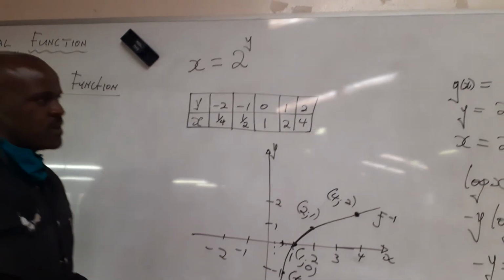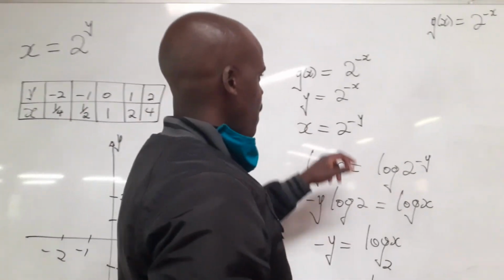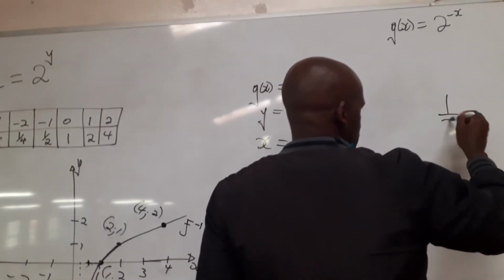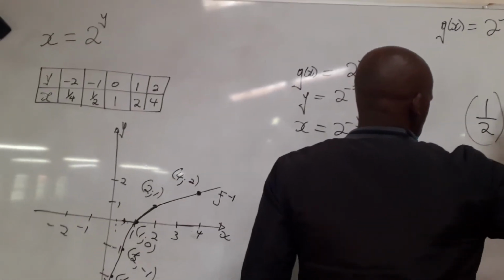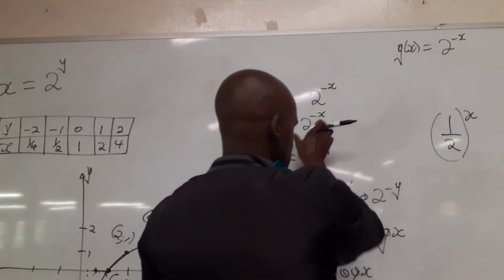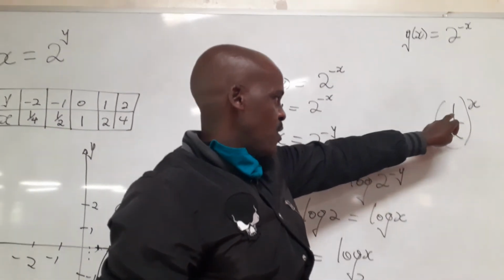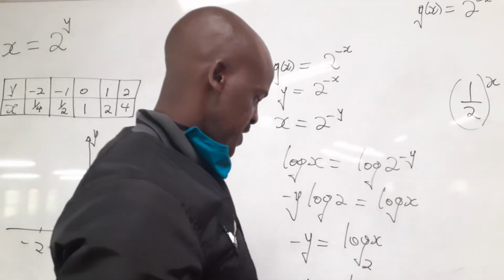Our base here is 1 over 2, remember. 2 exponent minus x is the same as 1 over 2 exponent that.